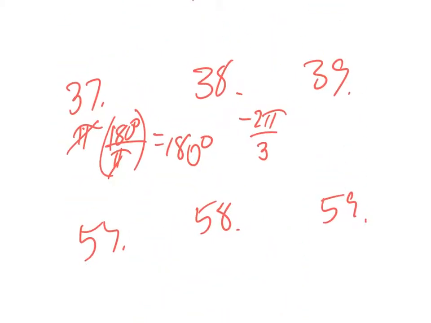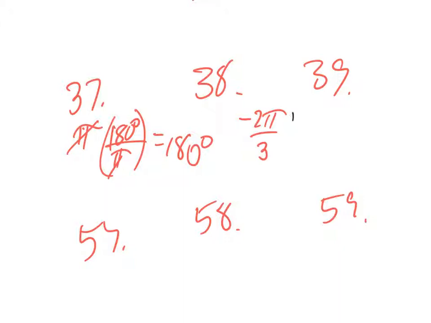Take a guess where negative 90 would be. I'd go the other way. Why do we go clockwise? Because that's how it's defined. So that would be a negative 90 degree angle. Negative 90.